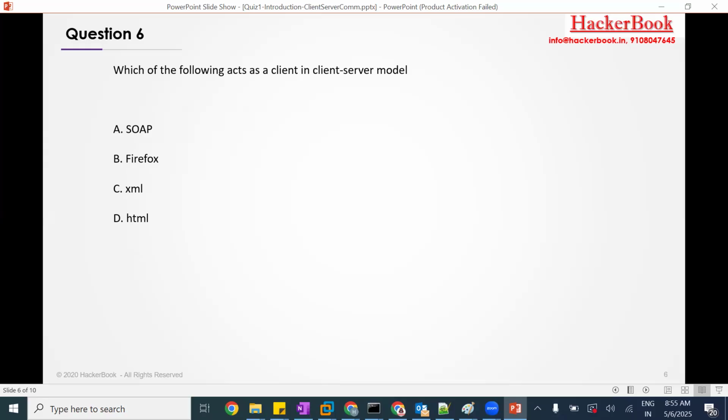In client-server communication of a website, the client is a browser. Among this list, the browser is Firefox. SOAP is a protocol used for web services. Firefox is a browser, XML is a data format, HTML is a front-end framework. Answer is Firefox.